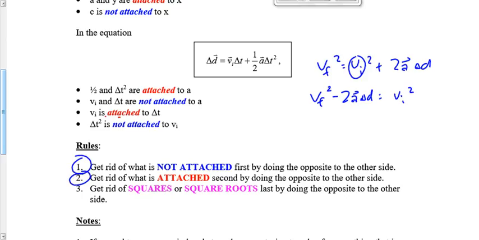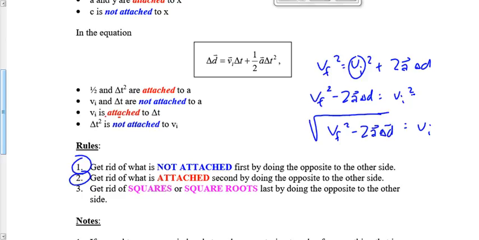Get rid of what is attached. There's nothing attached. Get rid of squares or square roots. So what are we going to do? Take the square root of both sides. It becomes the square root of VF squared minus 2AD equals VI. Really, we square rooted that right-hand side, we just didn't show the work there.